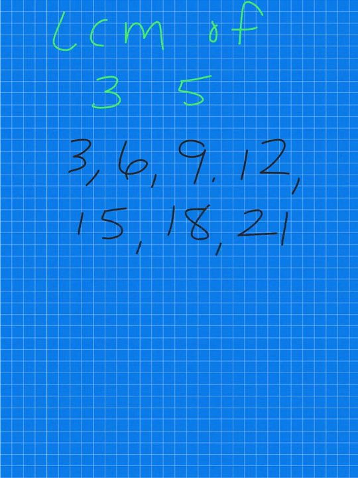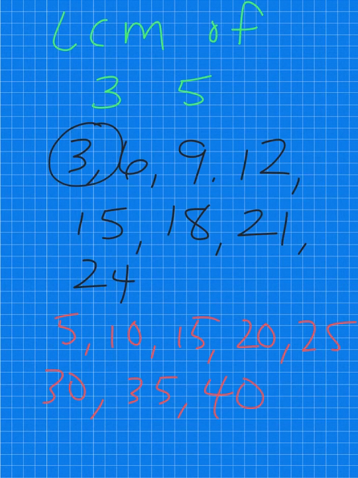Let's go up to 24. Okay, so those are the multiples of 3. And let's do 5 now. Choose a different color so it's not so confusing. 5, 10, 15, 20, 25, 30, and go to 40.